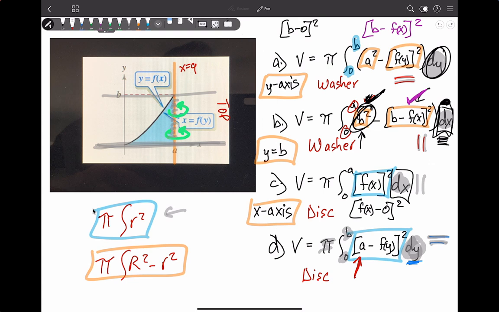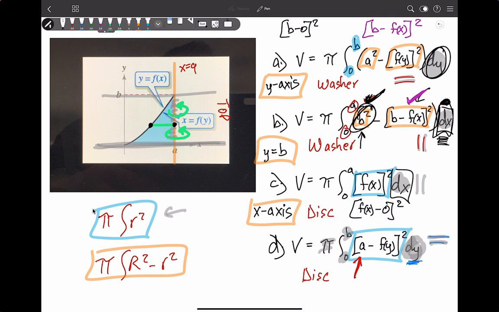From the axis of revolution, I'm going to draw the radius out to the furthest outer edge. I can pick any rectangle in the interval from 0 to b, and I'm going to stop at the function. That means this is an endpoint.